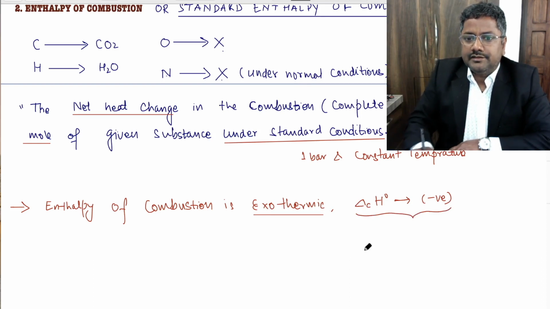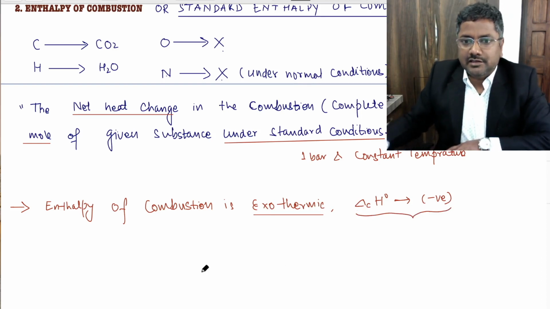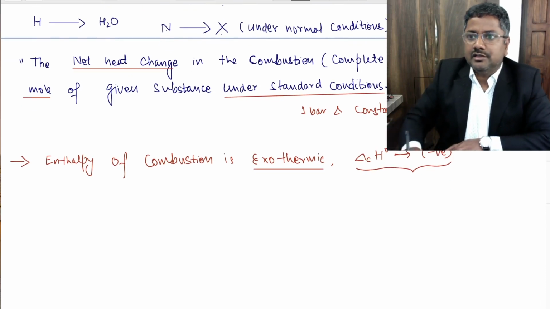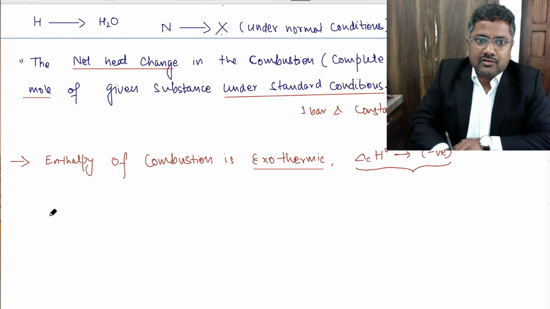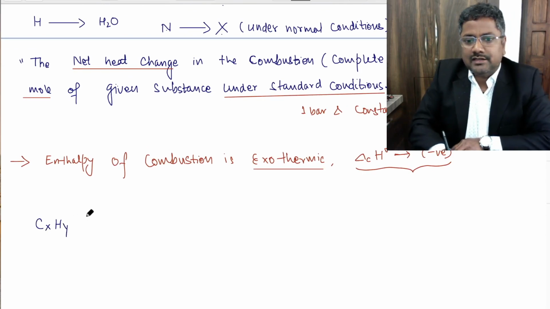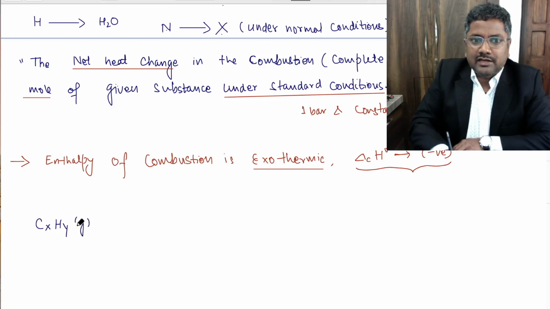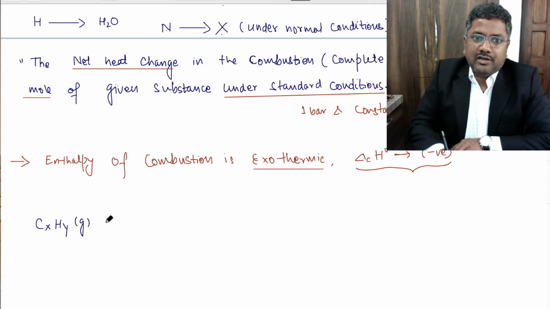So see how to design the reaction of this combustion. Suppose any general hydrocarbon is given, CxHy. Suppose that this is gaseous at 1 bar pressure and 298.15 Kelvin.